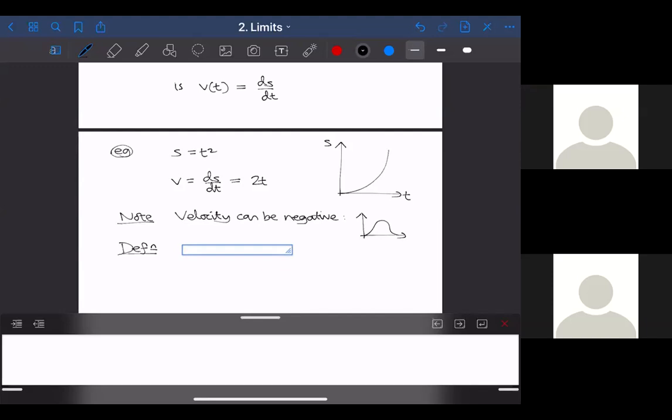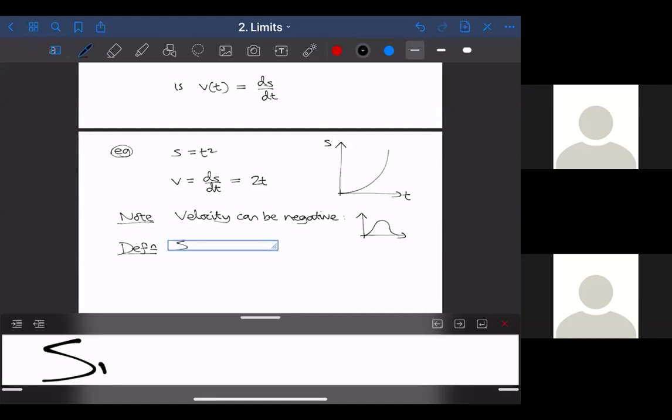So velocity can be negative if a body goes to a place and then comes back. The velocity is positive and then negative. It includes the speed, it includes the direction of the motion.